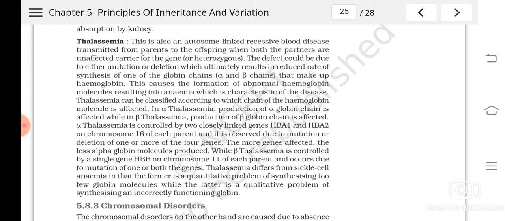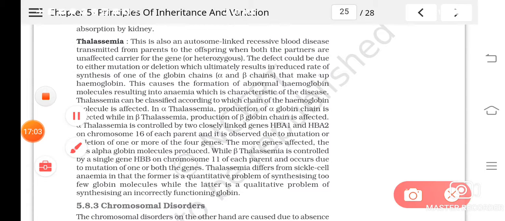Understood? So for alpha thalassemia there are two closely linked genes, HbA1 and HbA2, which are located on chromosome number 16.